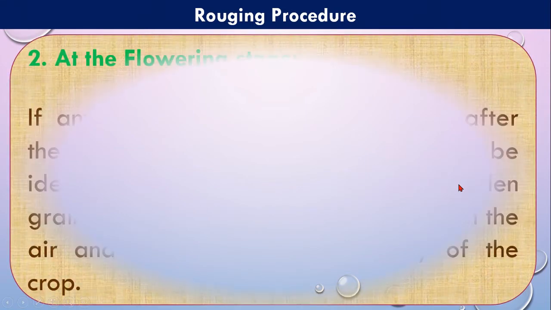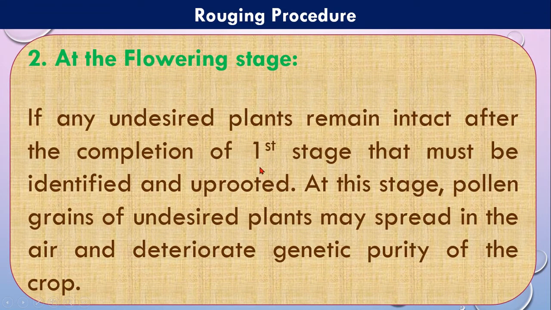Next one is the flowering stage. As I told you, if we cannot tell rice and grass apart in the first stage, definitely when the flowers come, we can identify the grass according to its flower. At that time we have to remove the grass plants.